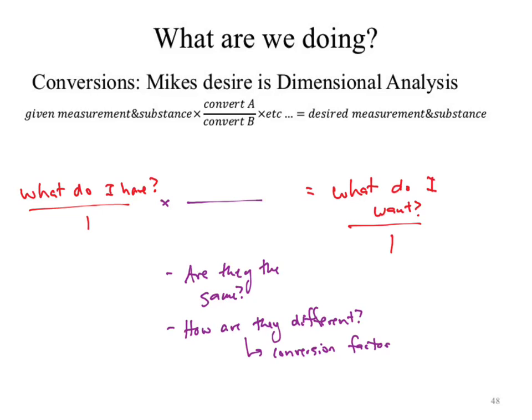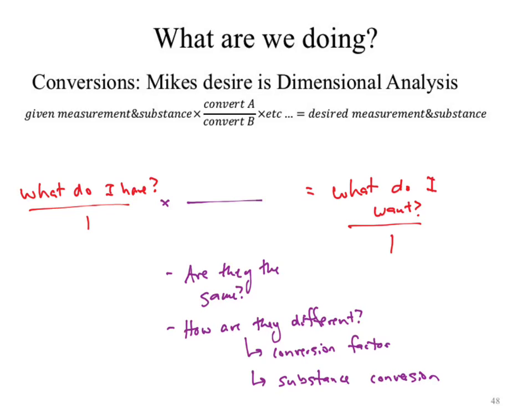I would recommend that your first step would be to deal with your substance conversion, okay? If you need to. If you don't have to convert the substance, then don't worry about it. Worry about the measurement, okay?